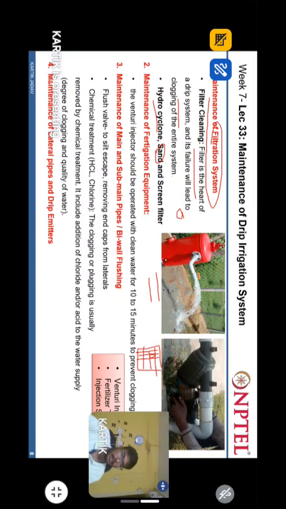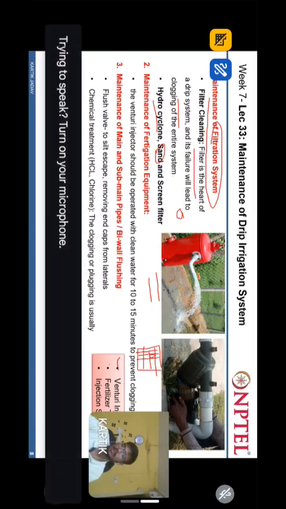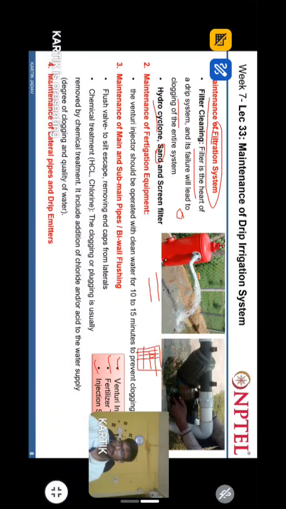So we have also seen the maintenance of fertigation equipment. In this fertigation equipment, as seen in the previous slide also, we have shown three pieces of equipment: the venturi injector, fertilizer tank, and injection system, right? Among those, generally we use the venturi injector with drip, and it works based on Bernoulli's principle.